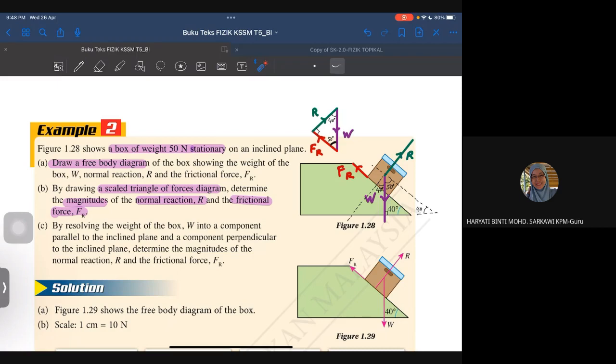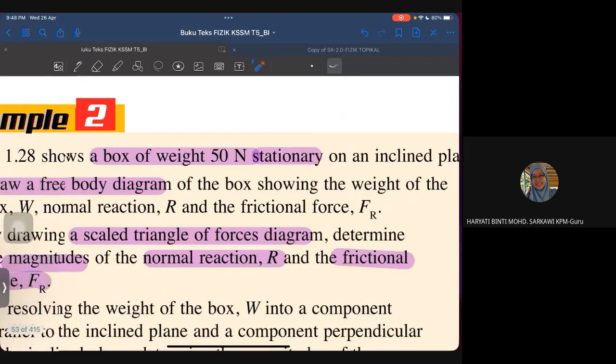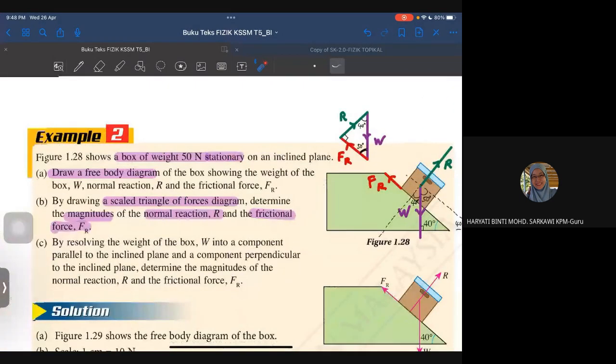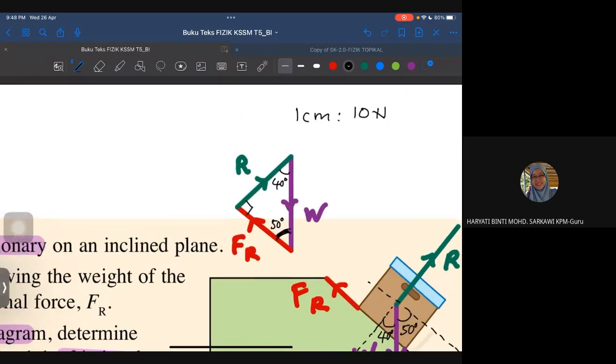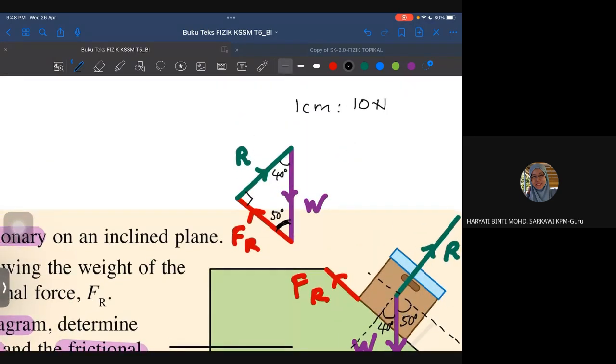When you draw your diagram to scale, you can see here the weight is 50 Newton, right? Let's say you are using a scale of 1 cm equal to 10 Newton. This W needs to be drawn with a length of 5 cm, because this represents 50 Newton.